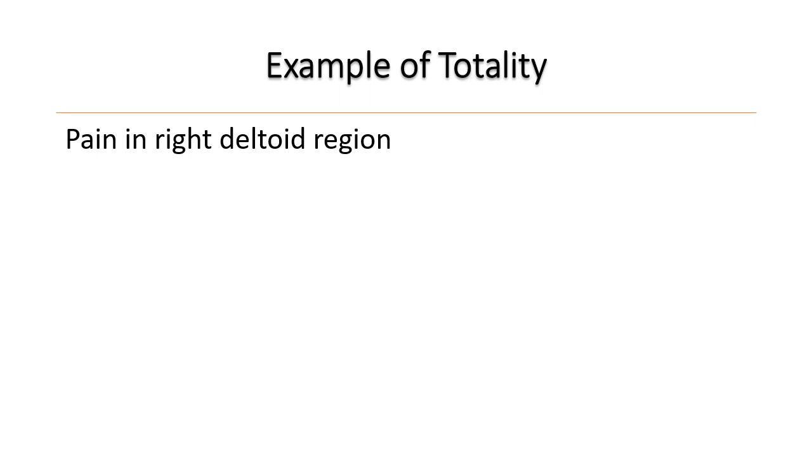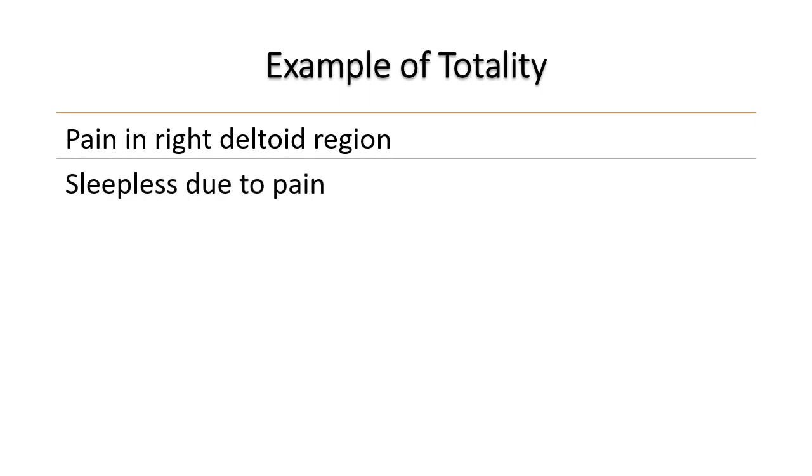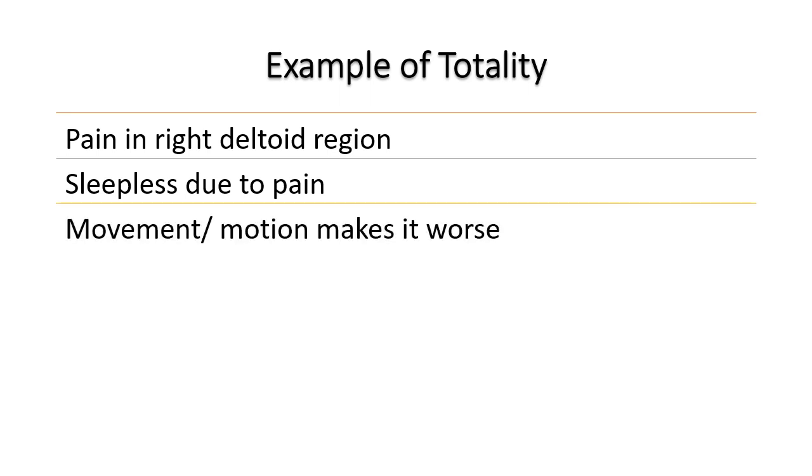He has taken non-steroidal anti-inflammatory medications, painkillers, but the pain in the right deltoid region is persisting. As a matter of fact, he is often sleepless due to pain. Anytime he makes a movement of his arm, the pain is worse.